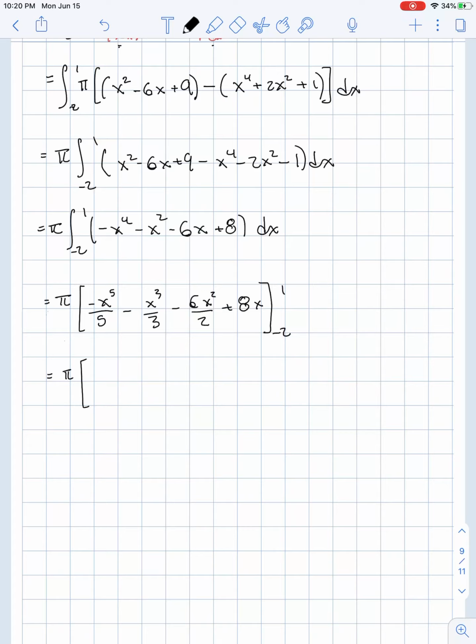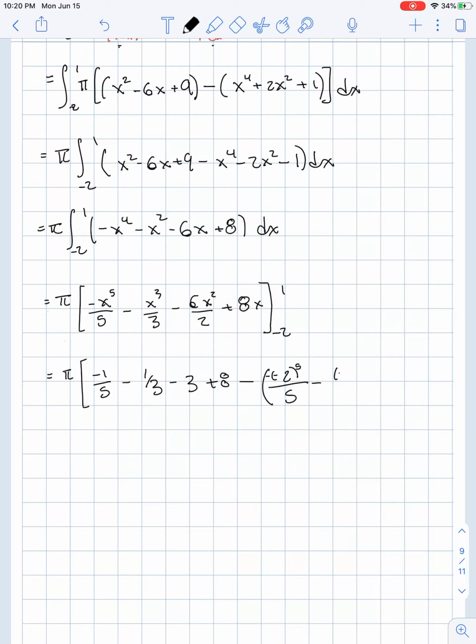Oh golly. So I'm going to plug in 1. So -1/5 minus 1/3 minus 3 plus 8, minus, oh god, -2 to the 5th. 2 to the 5th is 32, big number, I'm going to plug that into my calculator later. But it's -2 to the 5th, so careful.